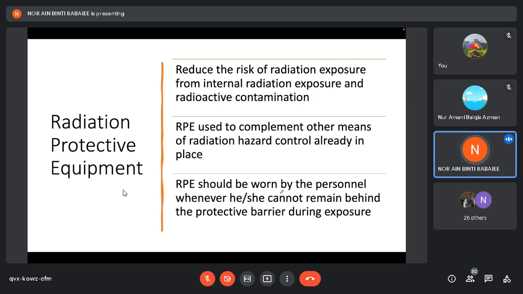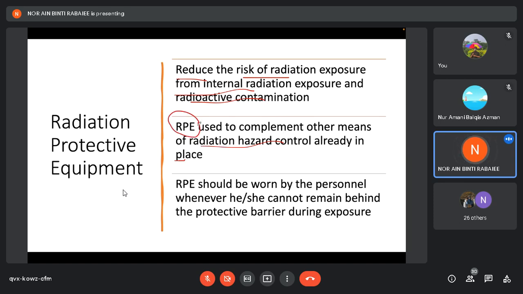So what is the function of radiation protective equipment? It reduces the risk of radiation exposure from internal radiation exposure and radioactive contamination. Radiation protective equipment is used to complement other means of radiation hazard control already in place.